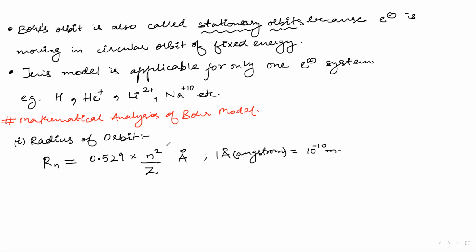What are the things here? N is equal to the shell number. Z is equal to the atomic number or proton number. So this is the radius of orbit. Write this slide.